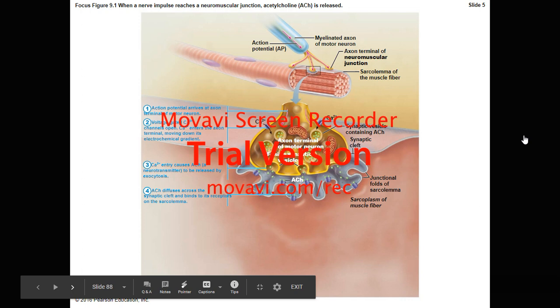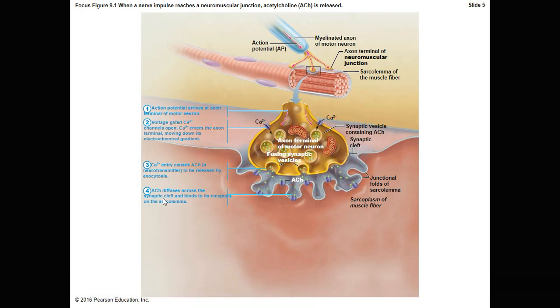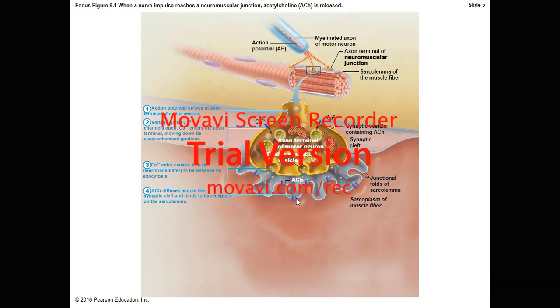So this is showing you an additional step. This is showing you the acetylcholine diffusing across the synaptic cleft and binding to its receptors on the sarcolemma. Okay, and remember, these receptors on the sarcolemma are ion channels, and they are sodium and potassium ion channels, and it's going to open up these ion channels.